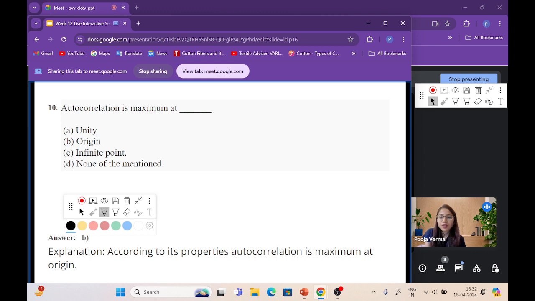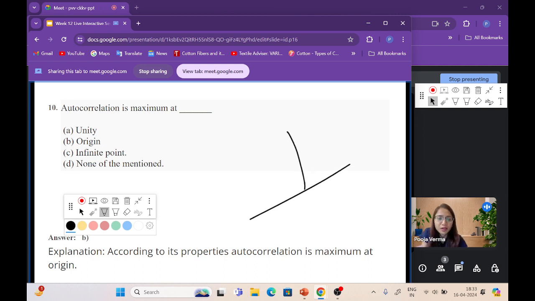Autocorrelation is maximum at which point? Option A is unity, option B is at origin, option C is infinite point, or option D is none of the mentioned. In the properties of the autocorrelation, we have seen that it is maximum at the origin.